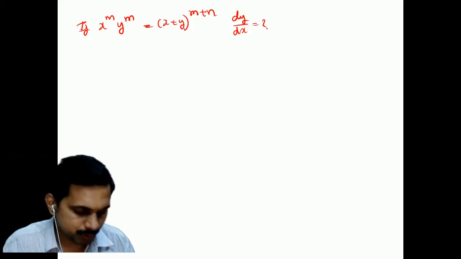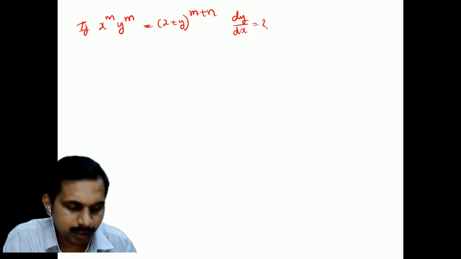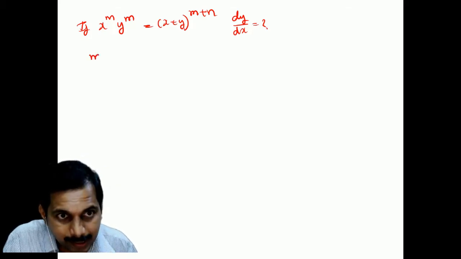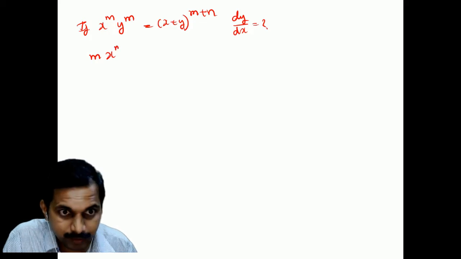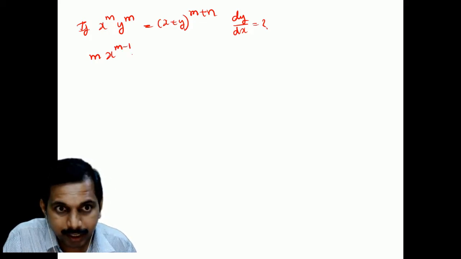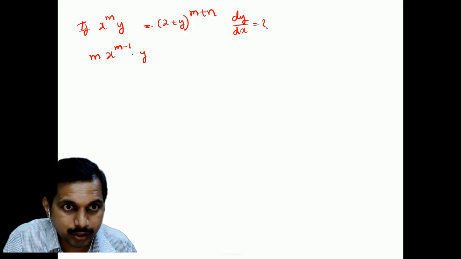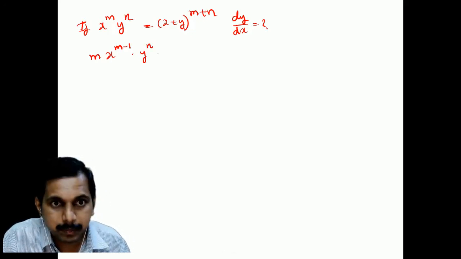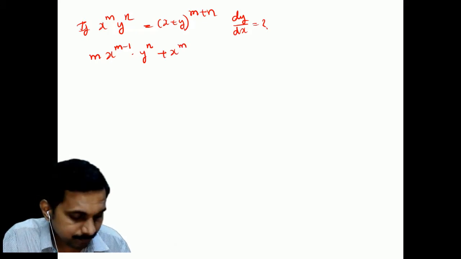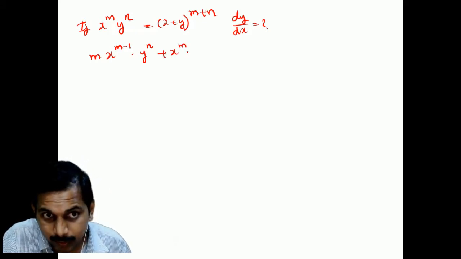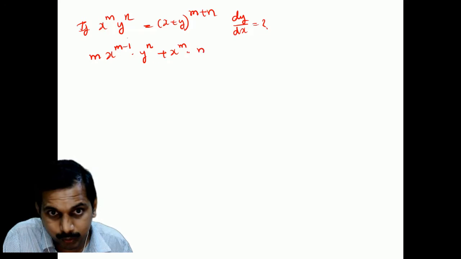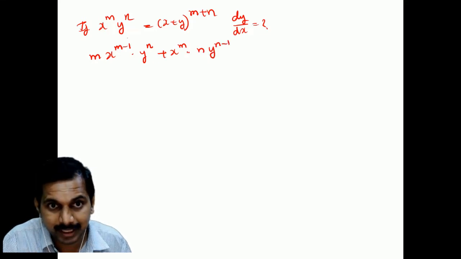Okay, so let us do it. What happens here is this can be written, it is a product, so we can write it as m into x raised to m minus 1 into y raised to n, plus x raised to m into, now y I have to differentiate, n into y raised to n minus 1.